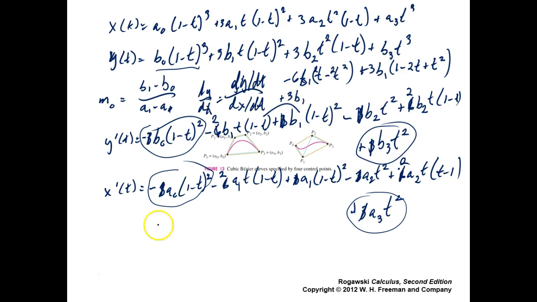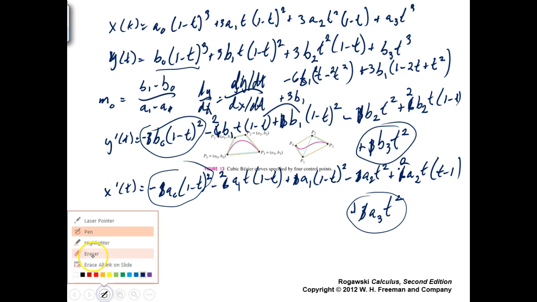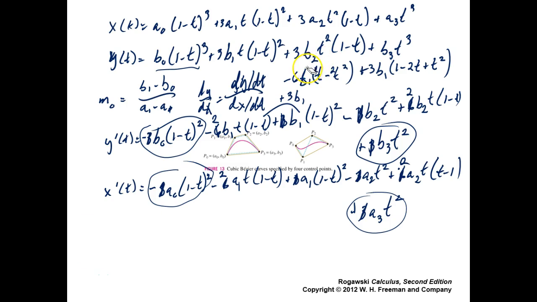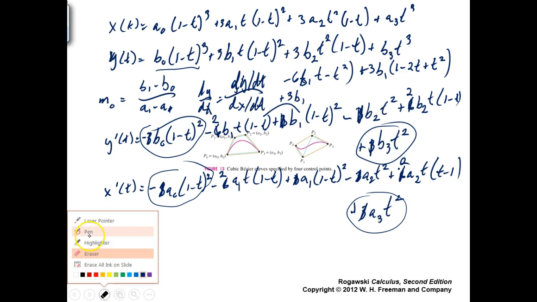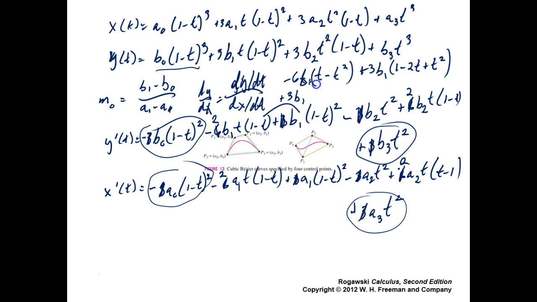Okay. So let me go back. Trying to reproduce what they did. Plus 3b1, and this would leave you a minus 2t minus 2t squared.